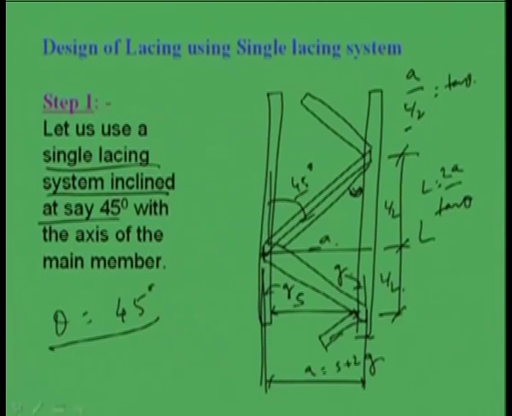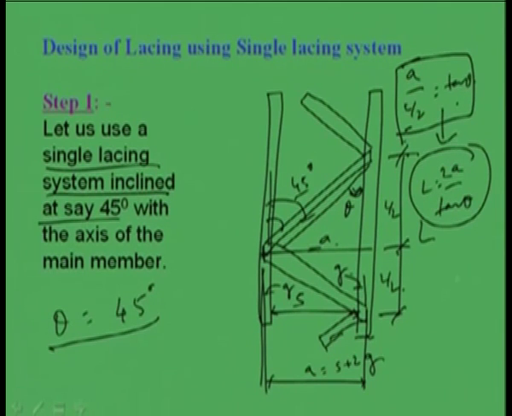The way we have found, L is equal to 2A by tan theta. This is total L and this is L by 2, and we are finding from this, A by L by 2 will become tan theta. If this is theta, this will be theta, right. So, A by L by 2 is becoming tan theta. So, from this equation I can find out L is equal to 2A by tan theta.